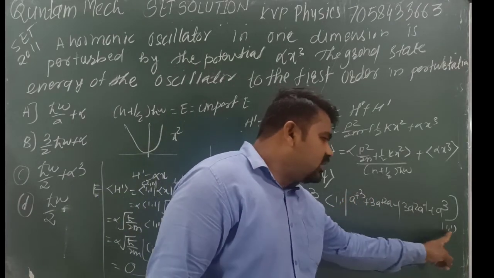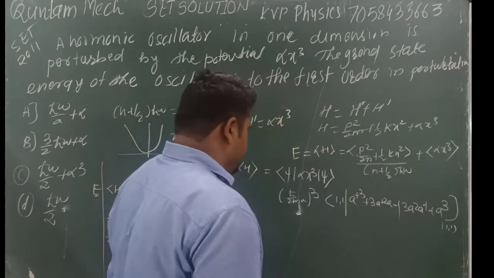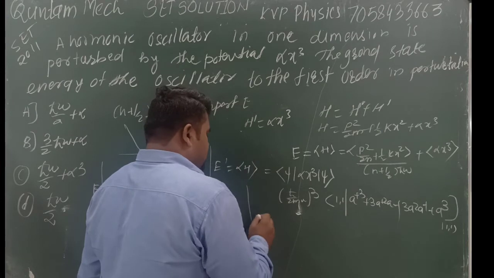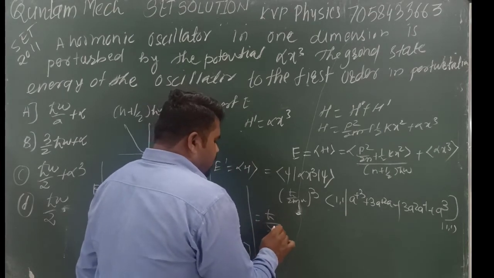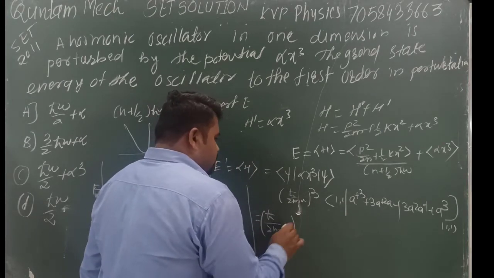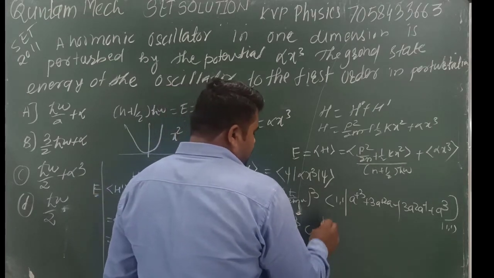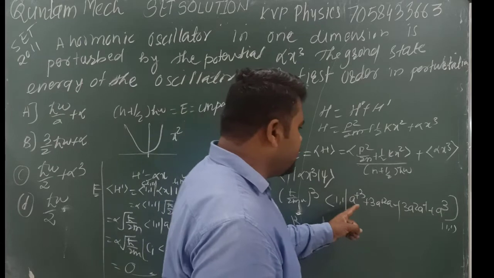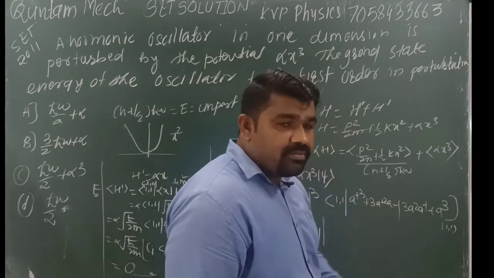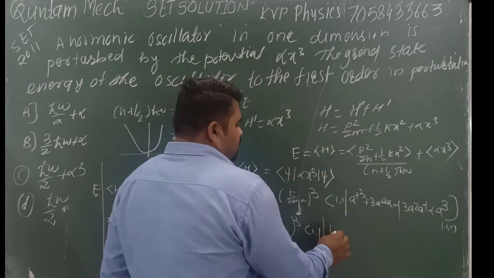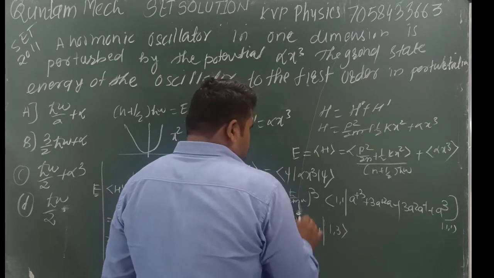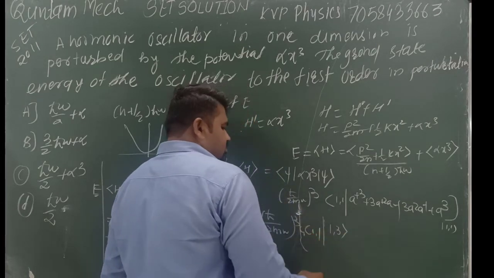Suppose we operate 3 times a on this state. Taking h cross upon 2m omega common, bracket to the power 3, here 1 comma 1. Suppose a dagger operates on this state 3 times, this becomes 1 comma 3 with some constant c1.